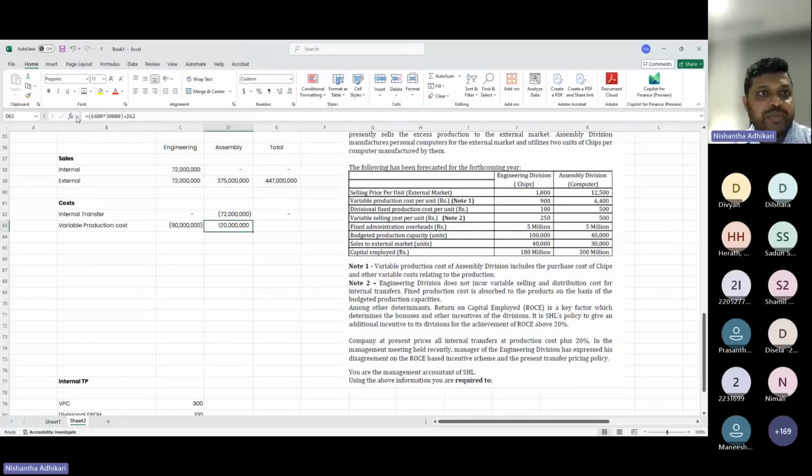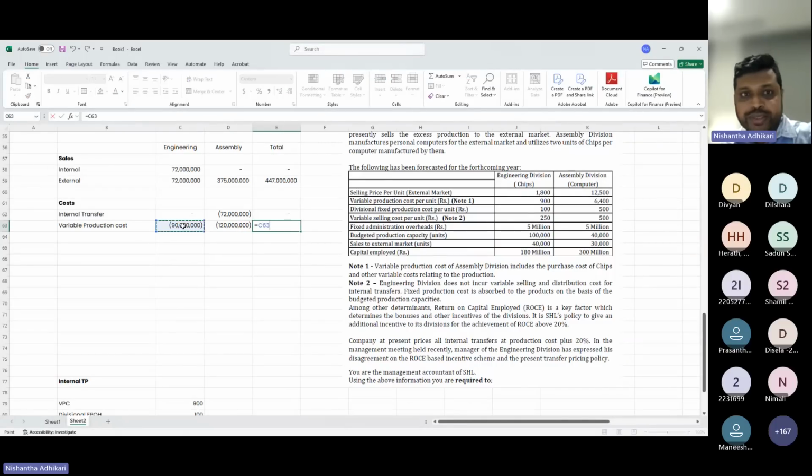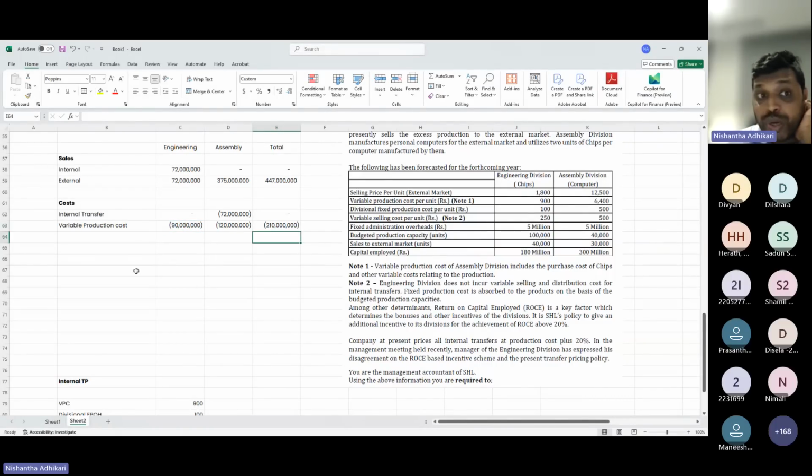Then it will be 120 million. Right. Then these are costs paid to external parties, 210 million. Because if you take these two together, it equals 6,400 multiplied by 30,000, which is 192 million. Here 192 million is equal to 72 million internally, 120 million externally.